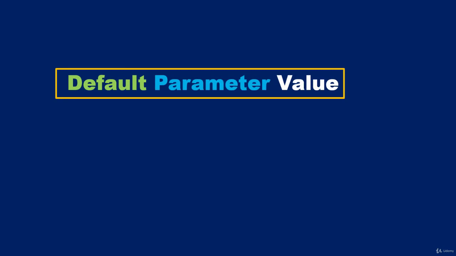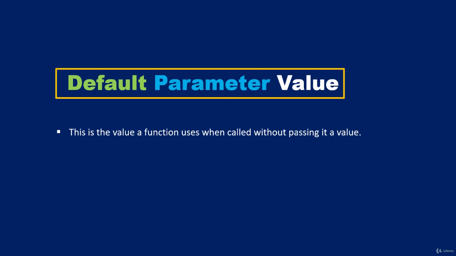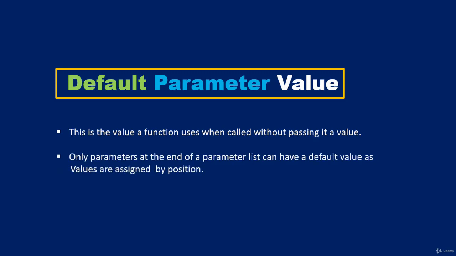What is the default parameter value? This is the value that a function uses when the function is called without passing any value to the function. Only parameters at the end of a parameter list can have a default value, as values are assigned by their position.